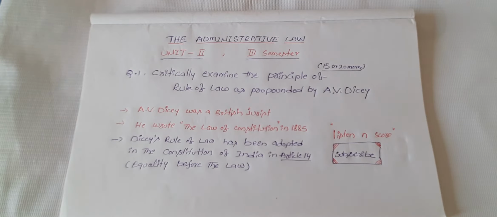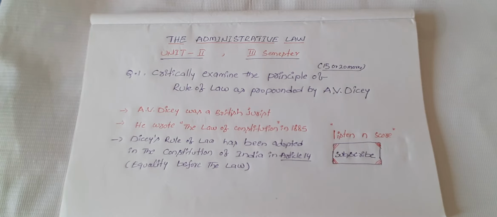He asserted Englishmen were ruled by law and law alone. Wade in his Administrative Law also supports Dicey's views. Wade remarks, the rule of law requires that the government should be subject to the law rather than the law subject to the government.